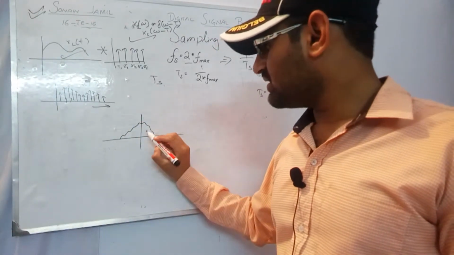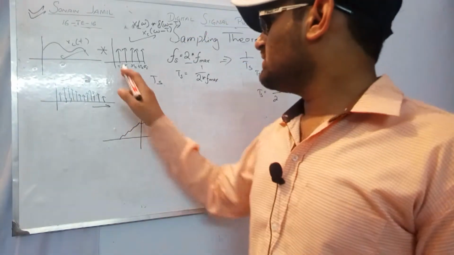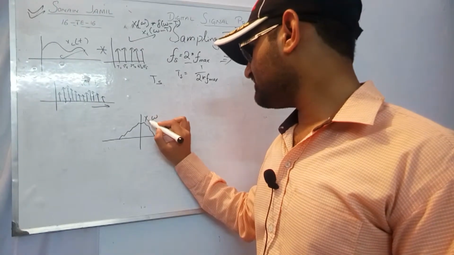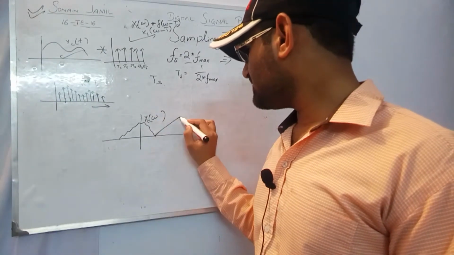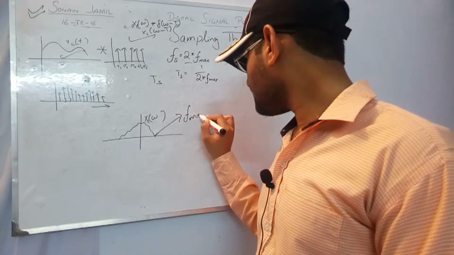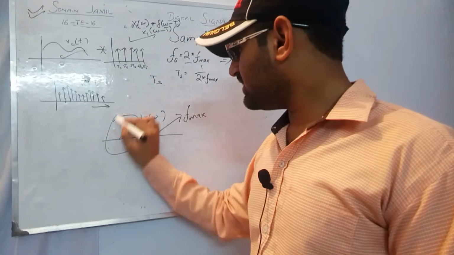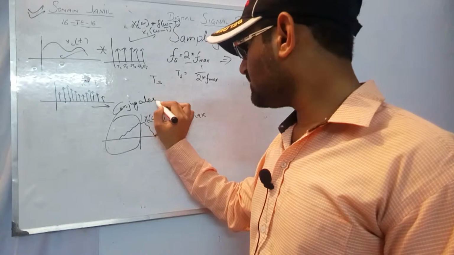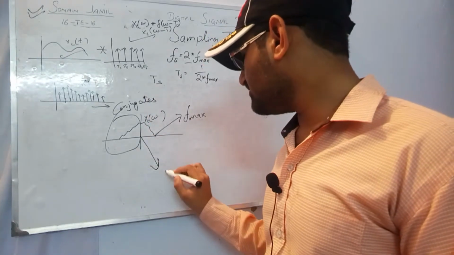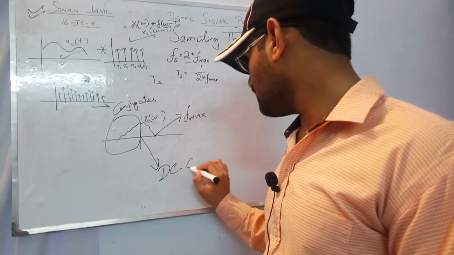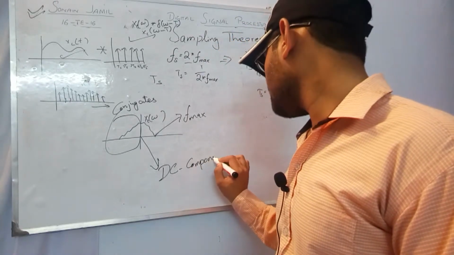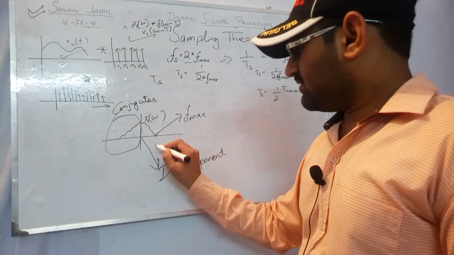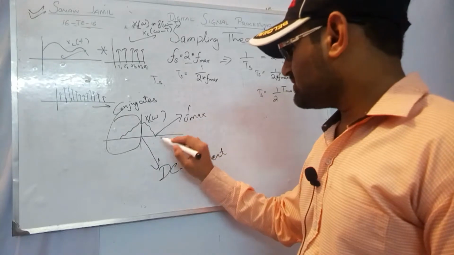Suppose we have this signal in the frequency domain. This is f max. These are conjugates, and this one is the DC component. So the sampling frequency should be twice.